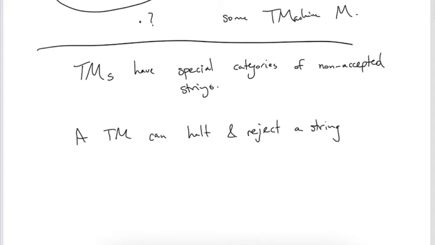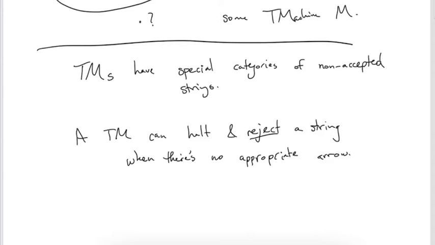So a Turing machine can halt and reject a string when there's no appropriate transition, or I'll just say arrow. We say in that case it halts and rejects the string.